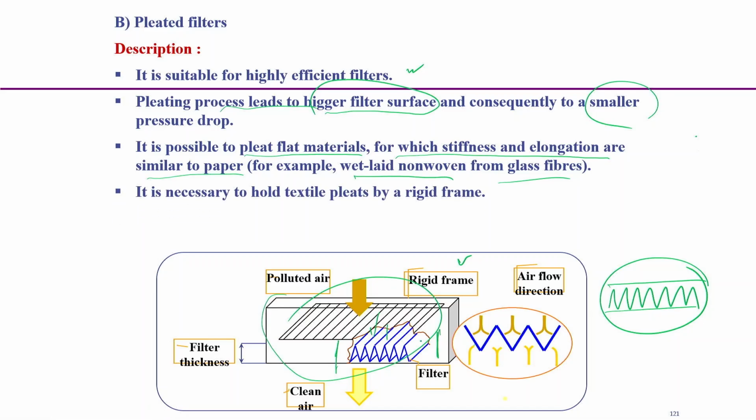So, here one important thing for pleating: if we want to have a stable structure, we need stiff material, held on a rigid frame, and filter thickness is usually 1 to 3 centimeter. Effective thickness will be 1 to 3 centimeter.